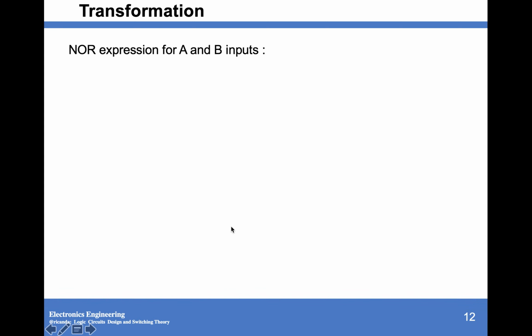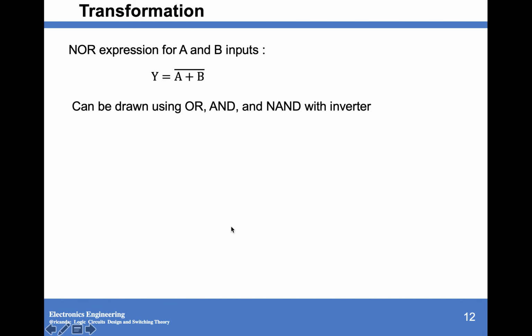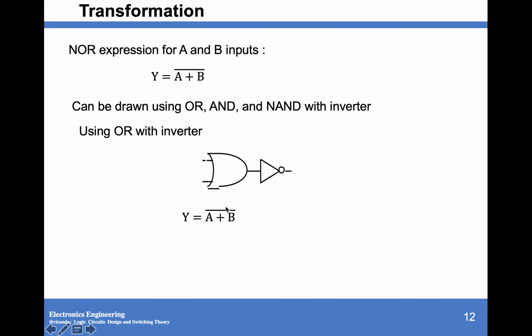And for a NOR expression with A and B, so we have A NOR B. We can draw a circuit from that NOR expression using an OR, an AND, and a NAND. So for an OR gate, we just connect an inverter to your OR gate. So that is now equivalent to your NOR.